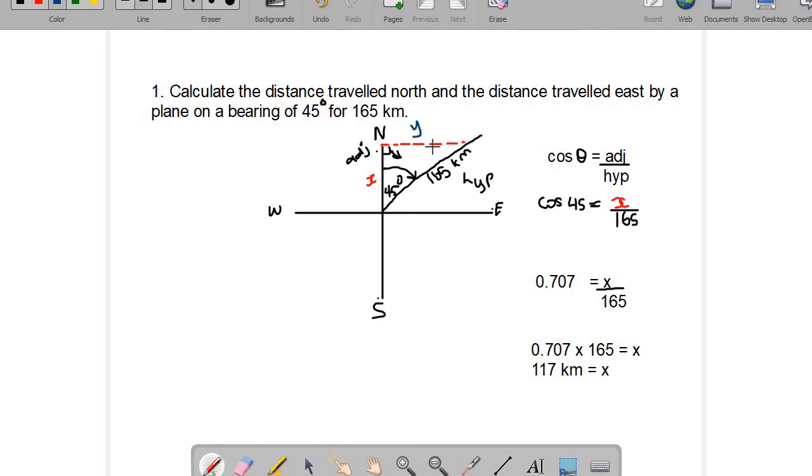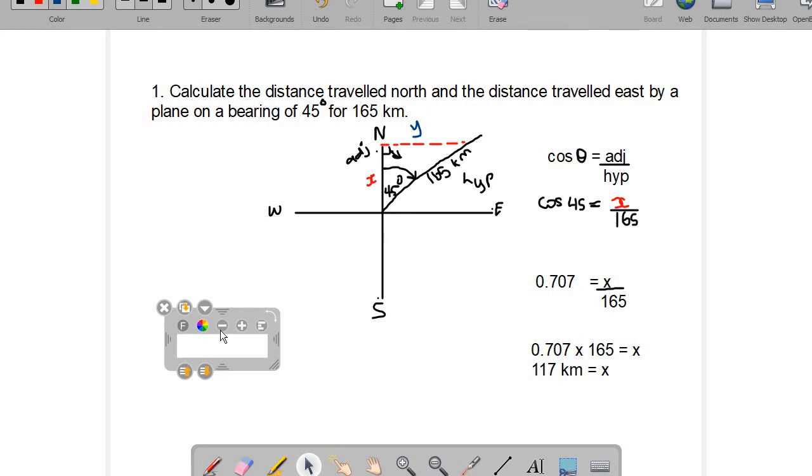Now in order to find y, it's going to be a little easier because we already have two sides of our right angle triangle. So I can use Pythagoras' theorem to get y. Now remember, Pythagoras' theorem says that the square of the hypotenuse is equal to the sum of the squares of the other two sides.